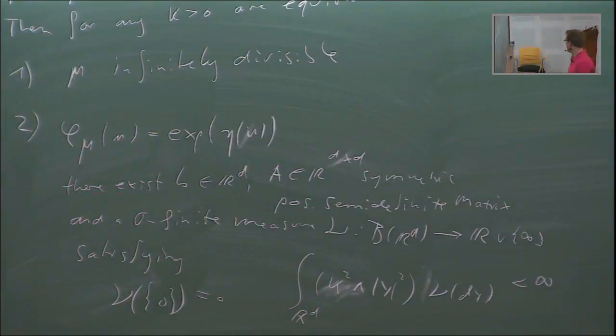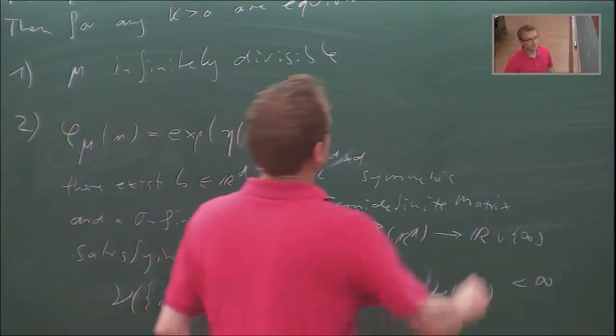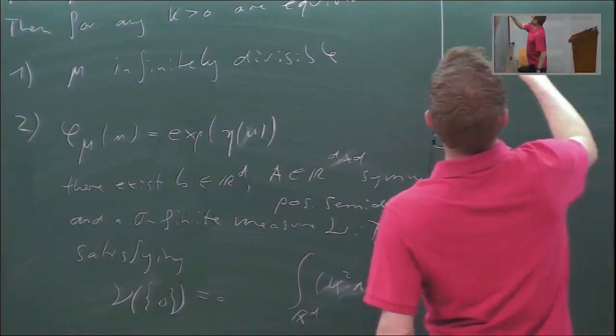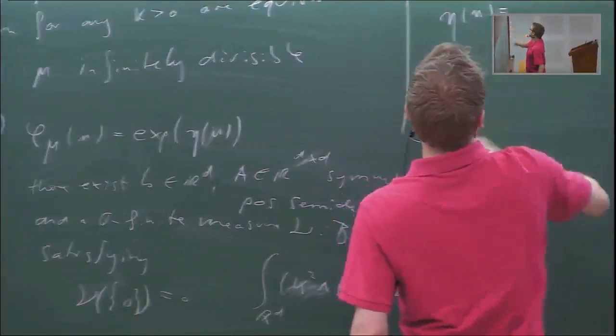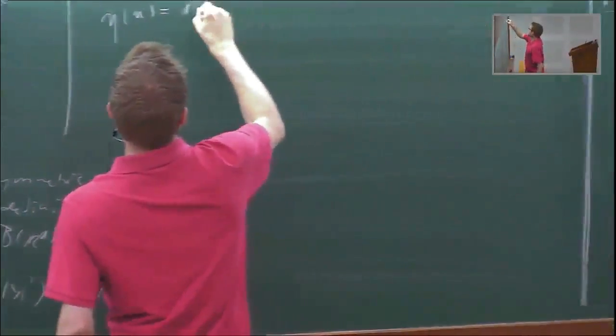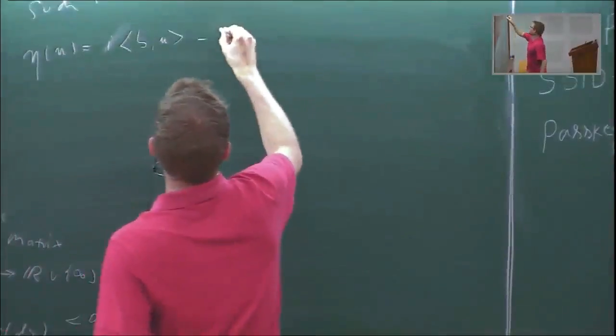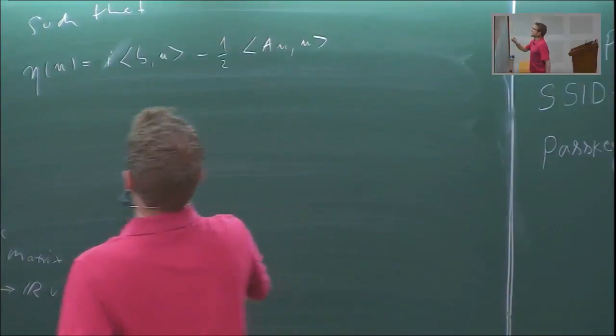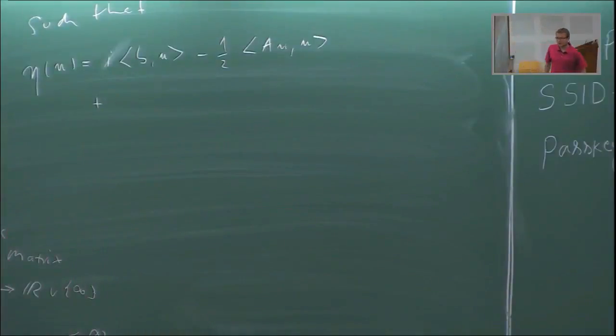This means such that, and I write down the exponent, eta of u is i b u minus 1/2 a u, u, and then we have something which is a little bit more general than what we have here.